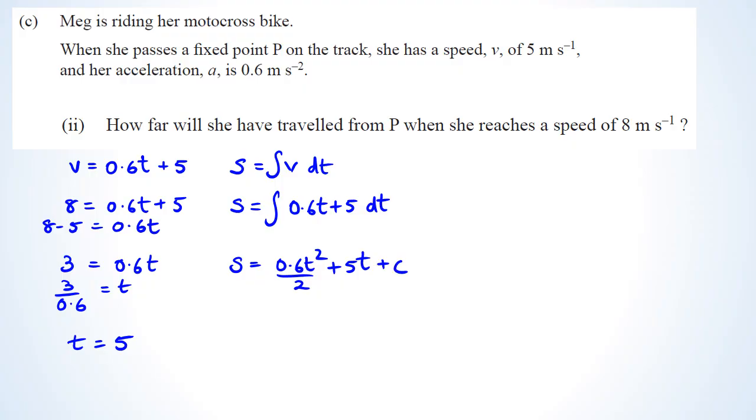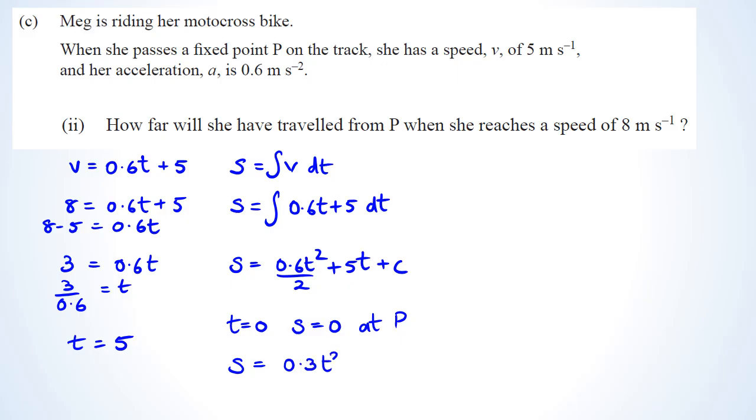Now, when t is equal to 0, we said the velocity was 5, but that was the previous question. We have to assume that s is equal to 0 because we're trying to find how far she's traveled from P. So at P, t is equal to 0 and s equals 0.